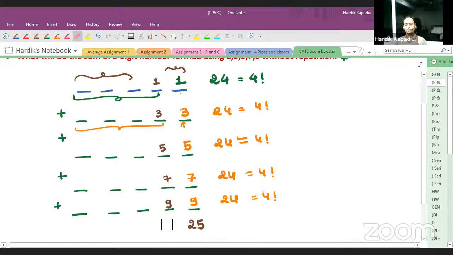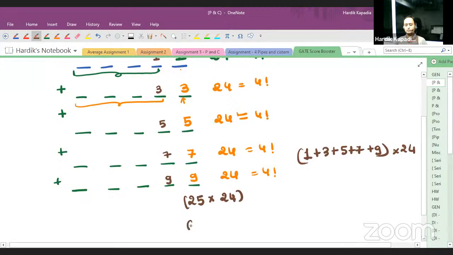So now the sum is 25, but in 24 ways. This 1 is in 24 ways, 3 is in 24 ways. So there will be 1 plus 3 plus 5 plus 7 plus 9 into 24. So the answer of this sum is 600.